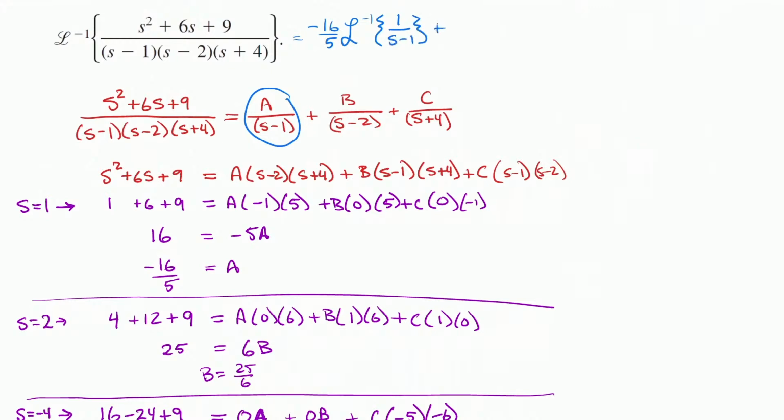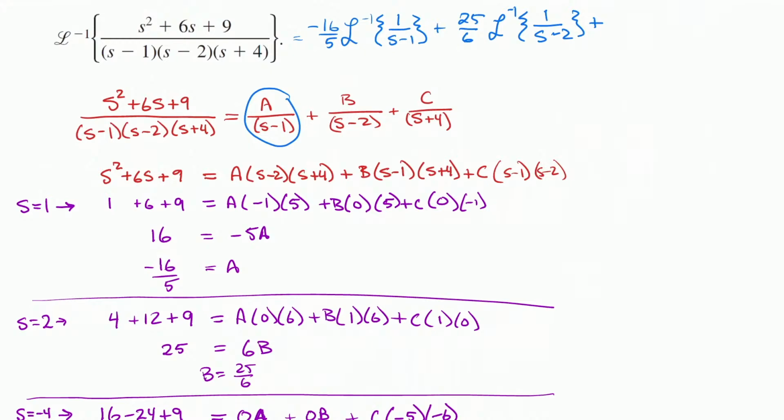And then the B, so I've kind of skipped a step here. I should have written it as negative 16/5 divided by S minus 1, but I'll just factor out the negative 16/5. It'll make things a lot easier. And then B, we have 25/6 times the inverse Laplace transform of 1 over S minus 2.